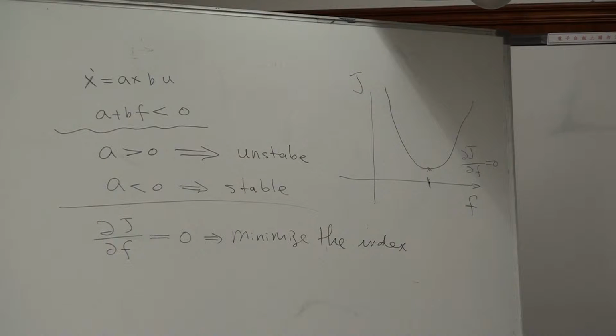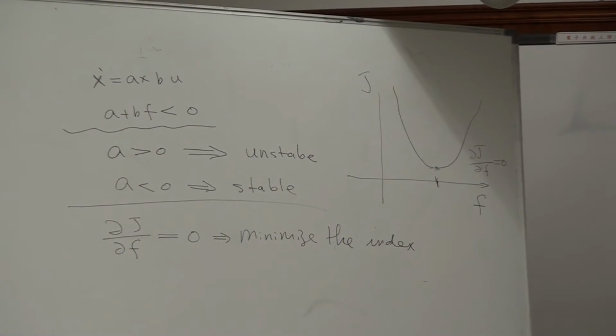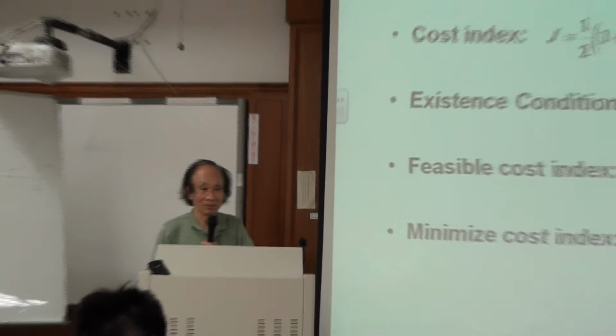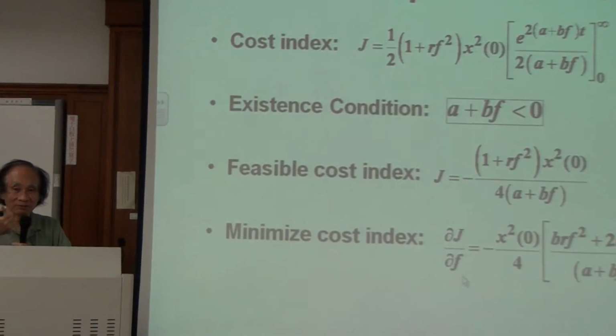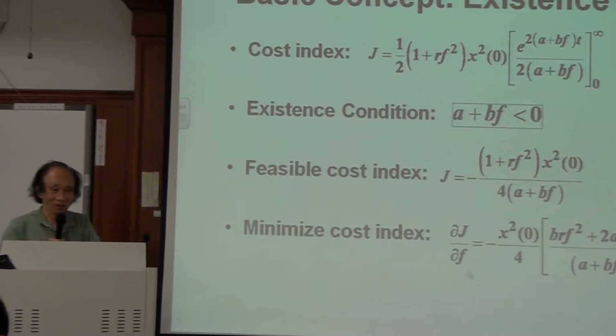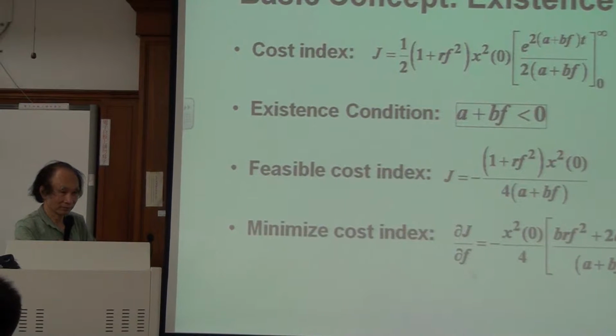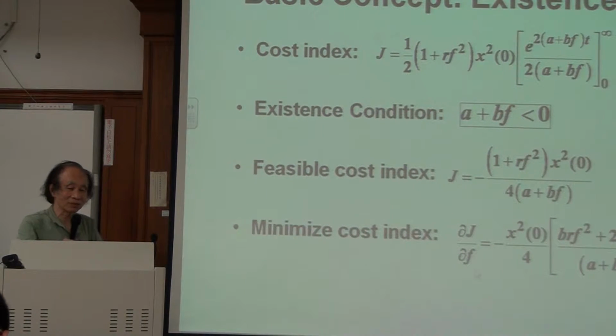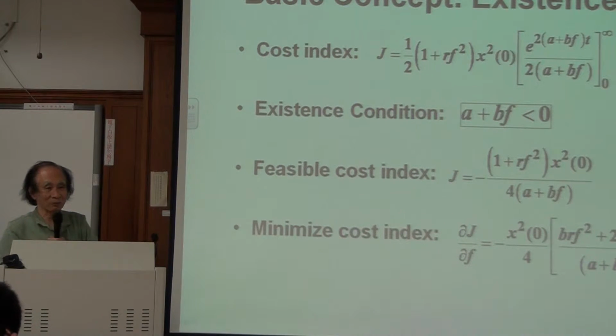No. Have you heard about negative energies? No. So because the energy cannot be negative, the cost index cannot be negative. If you get a negative cost index, then it must be wrong.